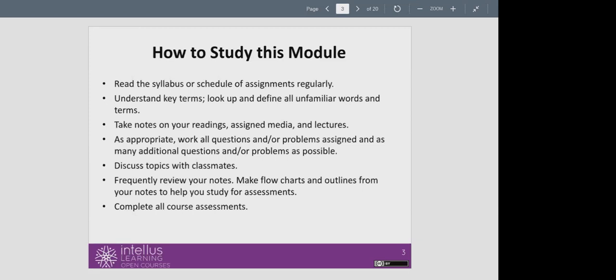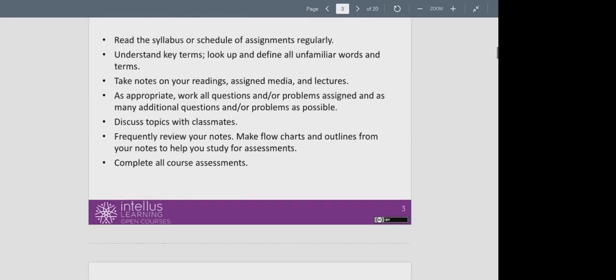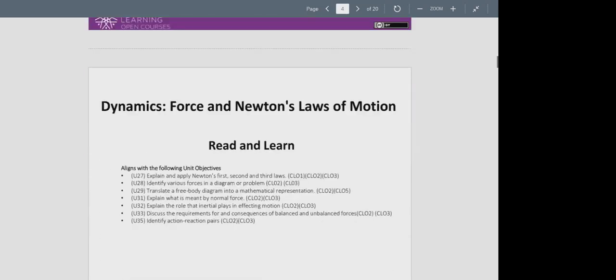I'm not going to say that what we've been doing up to now is easy because I recognize that it's new and challenging for students who've not seen it before. But the material is not going to get any easier from this point forward. And if you don't have a strong foundation where Newton's laws are concerned, the rest of this is going to seem like gobbledygook. I'm just being honest with you. Okay. So please take heed to how to study and use it to your benefit.